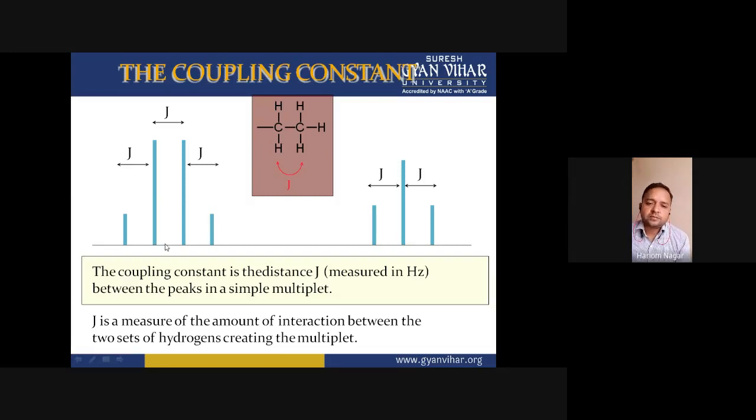So when these CS2 protons interact with the clockwise spinning states of the CS3 protons, their signal is shifted into the downfield side, this side. These are two peaks.